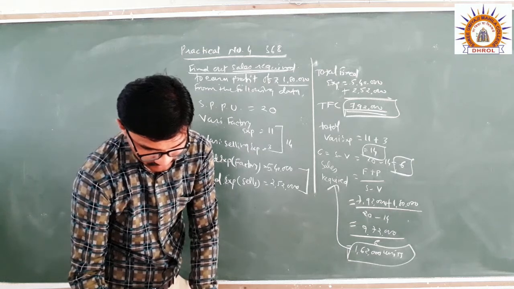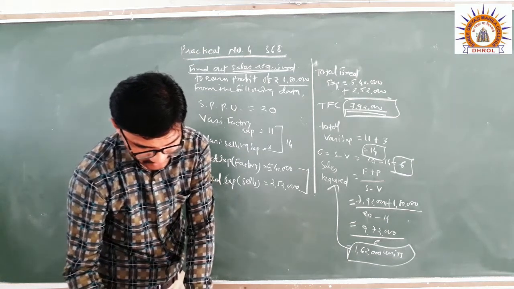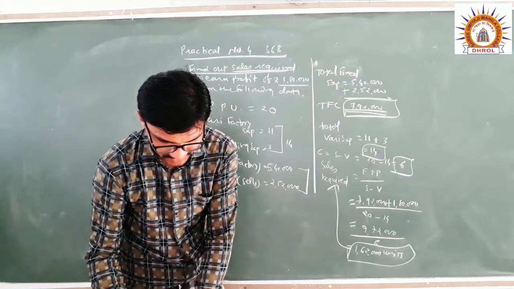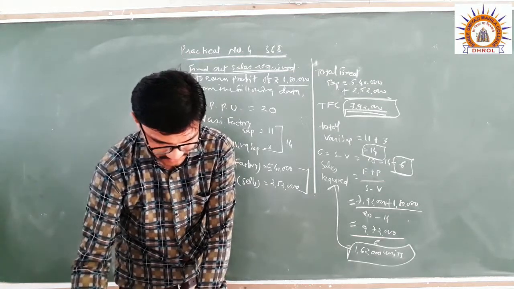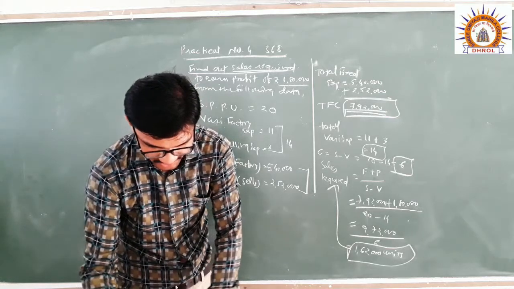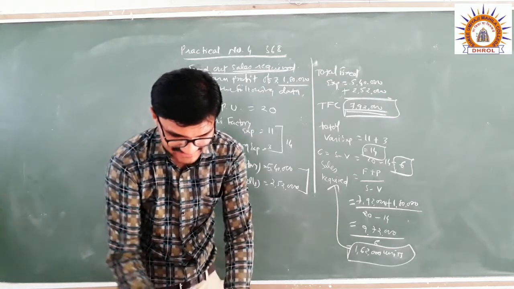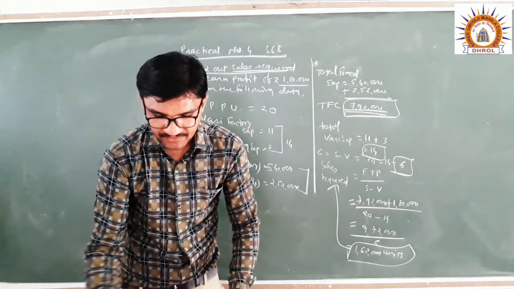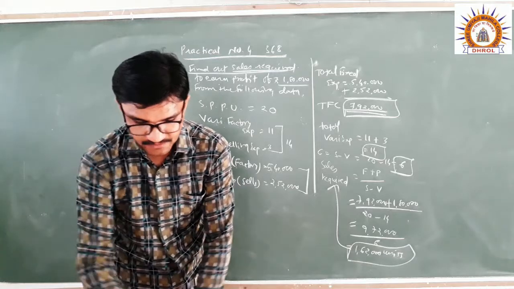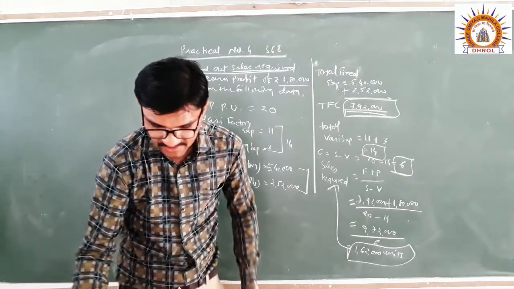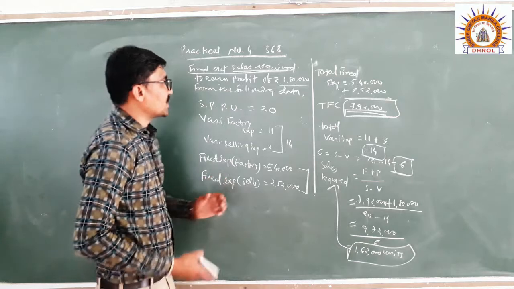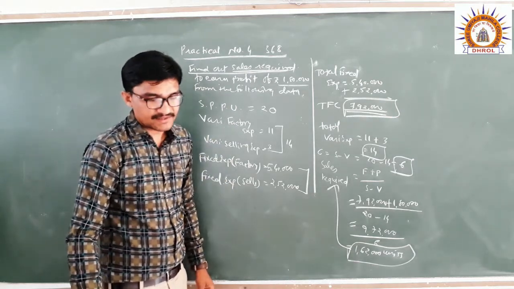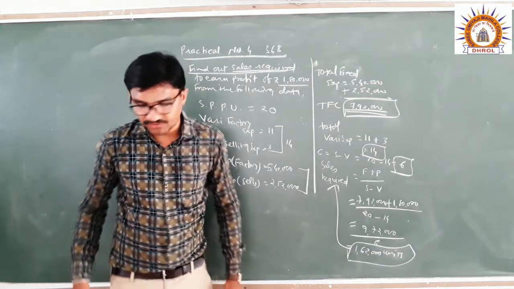Next, I am going to start to calculate the PVR with the information given, right? How to calculate the PVR, profit volume ratio, and how to calculate the fixed expense. Up to this example, the fixed expense was given, but now I am going to see practical illustration number 6, which is given on page number 338.